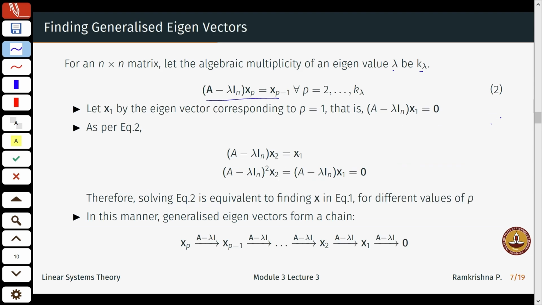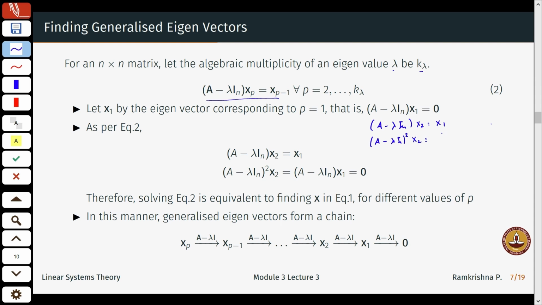Okay. So, if I go about doing it this way, what I get as a first expression is (A minus lambda I) to the power n times x2 is x1. Okay. And this will result in an expression which is (A minus lambda I) to the power n squared x2.